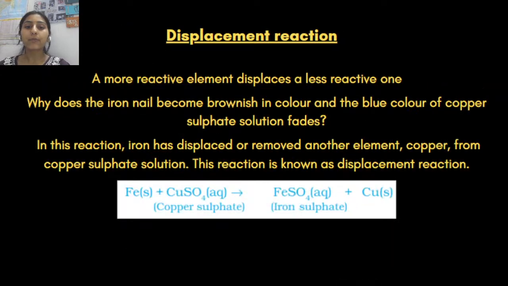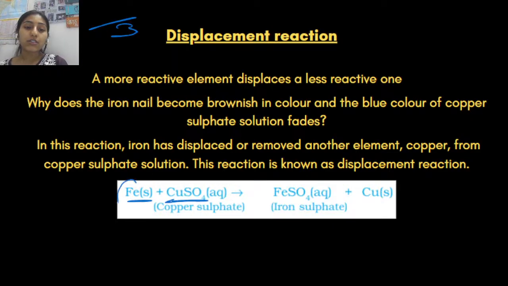Then again, there is displacement reaction. Another type of reaction we have is displacement reaction. It is a reaction in which a more reactive element displaces a less reactive one. Suppose we have iron and copper sulfate.